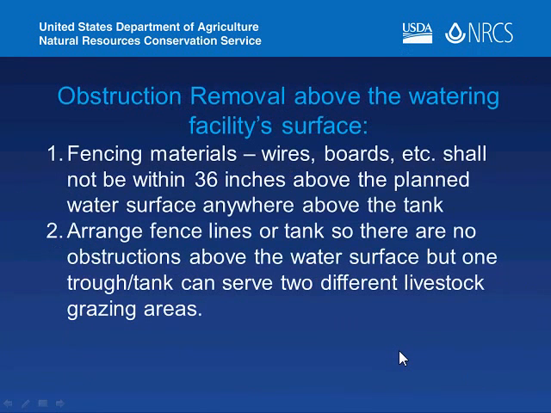So things that can be in the way, any kind of material within 36 inches above the water surface can affect it. And there are ways to, by moving these portable tanks especially slightly, it could still be used by wildlife as well as still provide livestock water to 2 different paddocks that are sharing the tank.